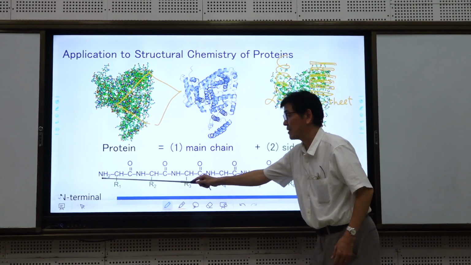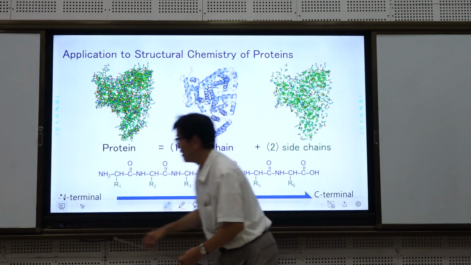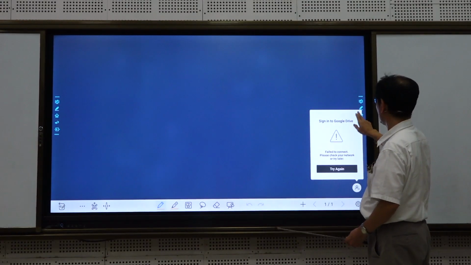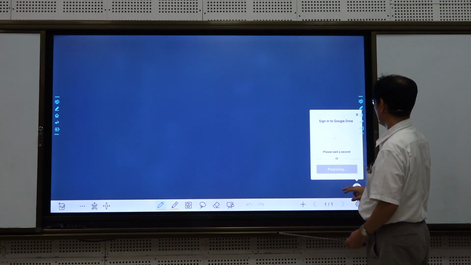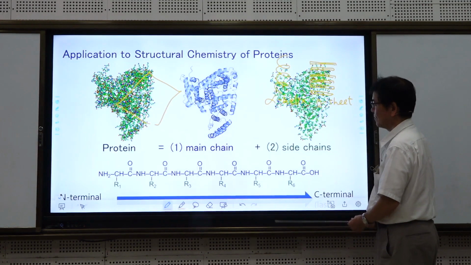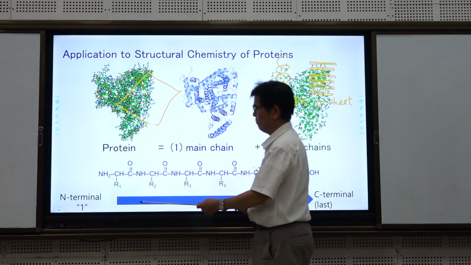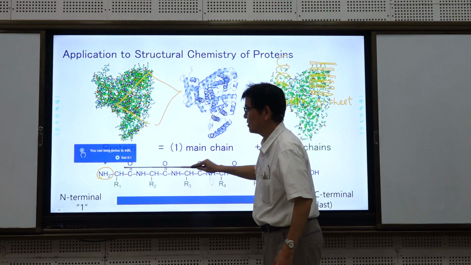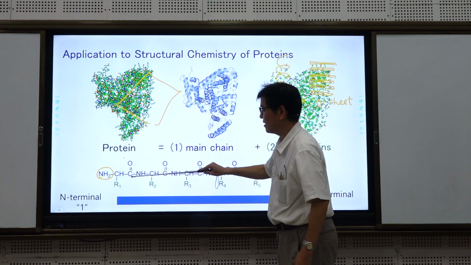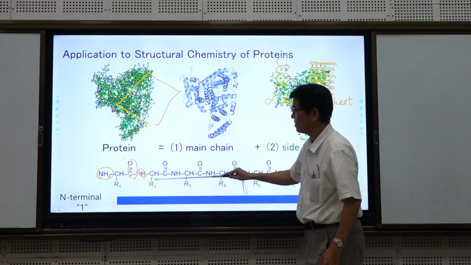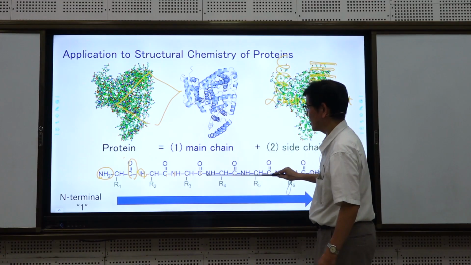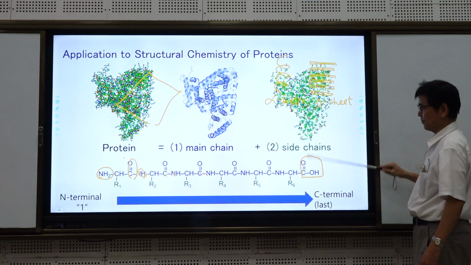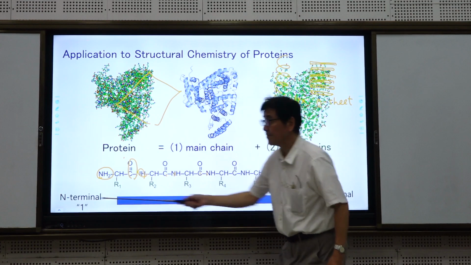So this is the polymer of the amino acid, and this is the polymer of the peptide main chain, and N terminal is here, and C is connected to N. So starting from N and ending with C, we call it N terminal.